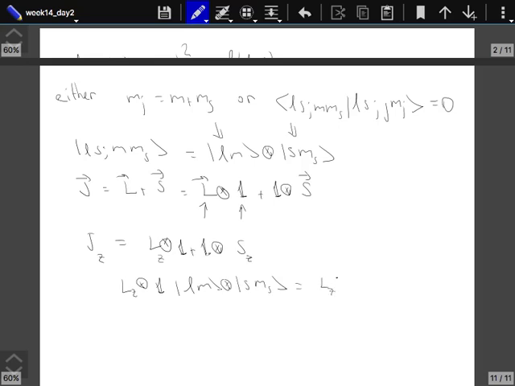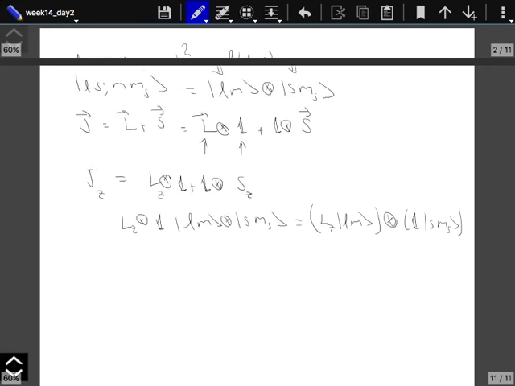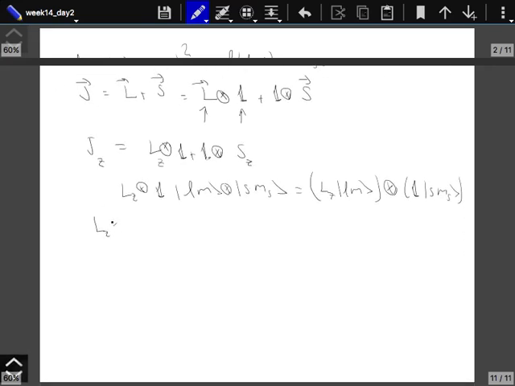This is nothing but LZ acting on LM. This gives me a new ket times 1 acting on SMS. This gives me a new ket which happens to be the same ket, etc. Now this LZ, I cannot act on SMS. That's something else. And action of LZ on LM, JMJ, you can act on this, but it will be complicated.